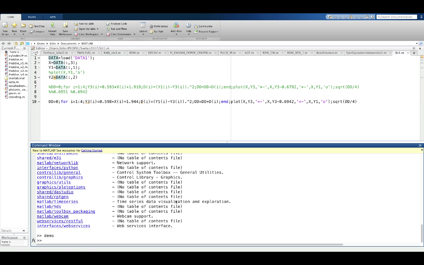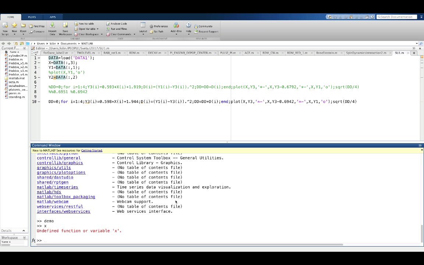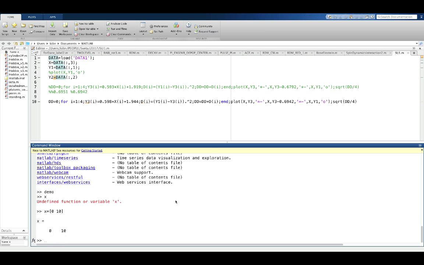The argument, the x-axis, needs to be defined by grid points. So if you type the word x, it will tell something bad to us, because we didn't define what it is. But we want x to be points on the x-axis from 0 to 10, right? So we can type x is from 0 to 10. No, it doesn't work.